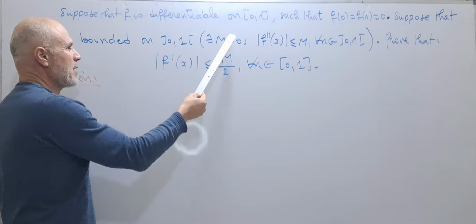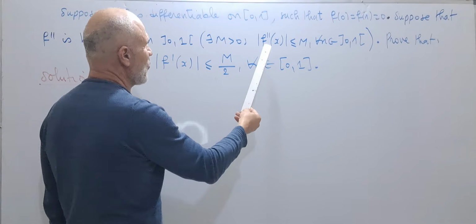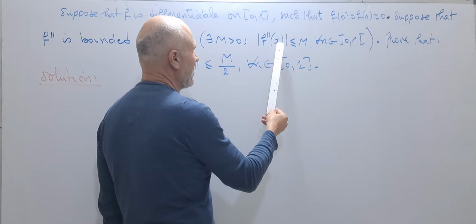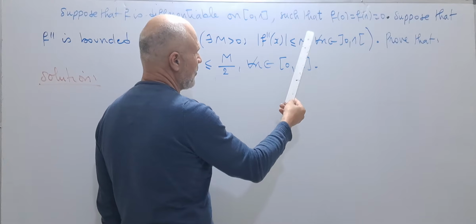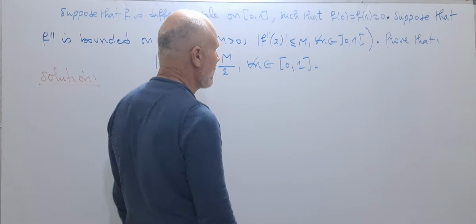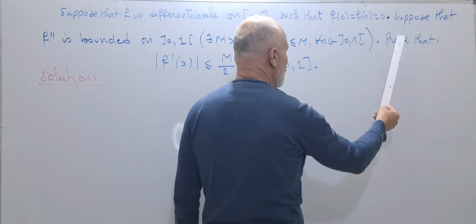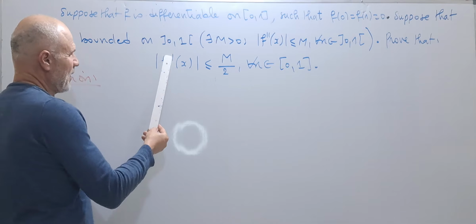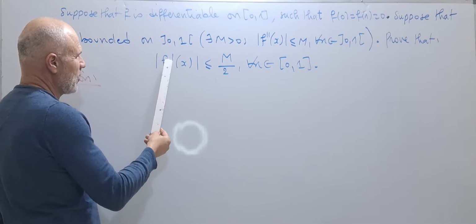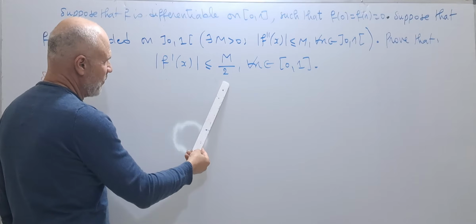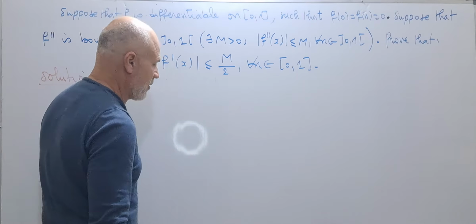This means that there exists a positive constant m such that the absolute value of the second derivative at x is less than or equal to m for all x in the open interval (0, 1). The question is to prove that the absolute value of the first derivative, f prime of x, is less than or equal to m over 2 for all x in [0, 1].